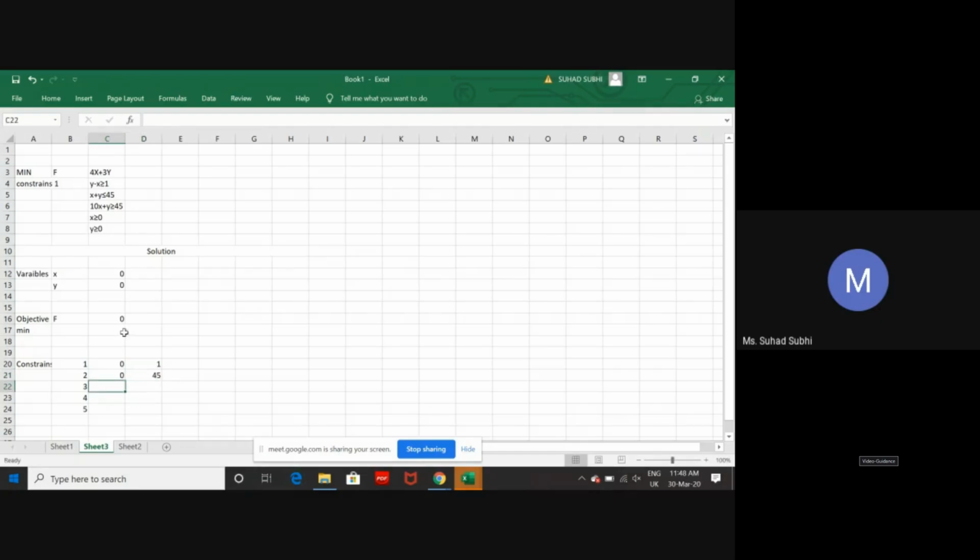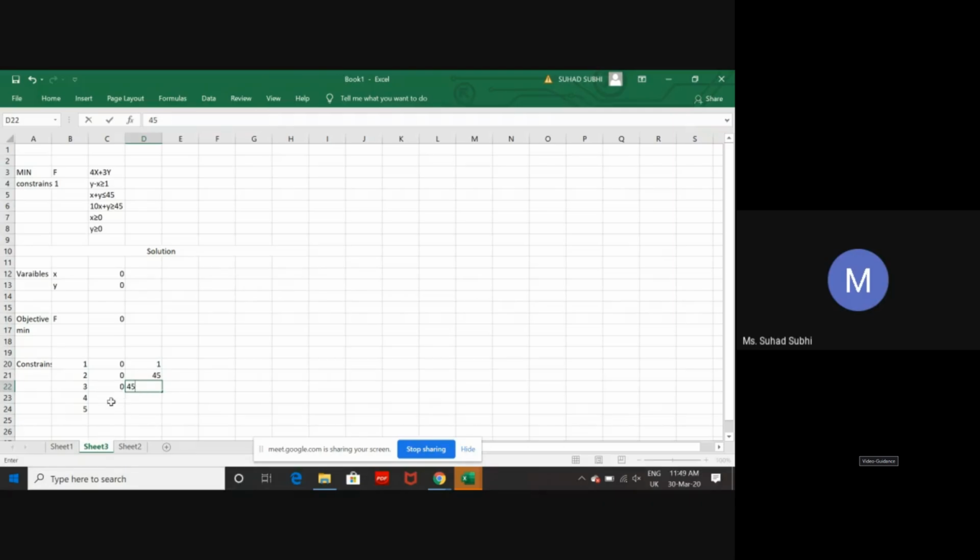Moving directly to the third constraint, which is 10x plus y, equals 10 multiplied by the value of x plus the value of y. Sorry, I made a mistake because I forgot the equals sign, so delete it. Enter. It should be greater than or equal to 45.